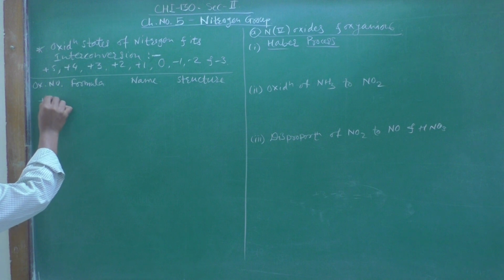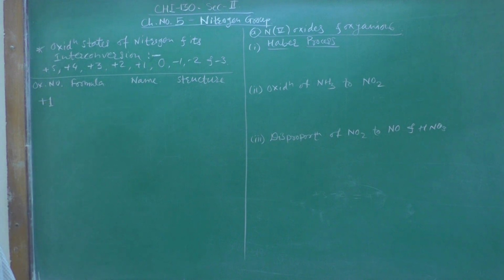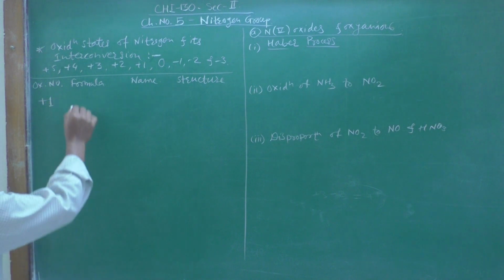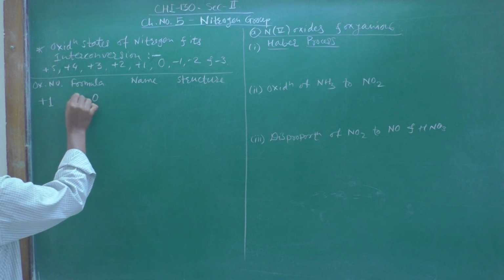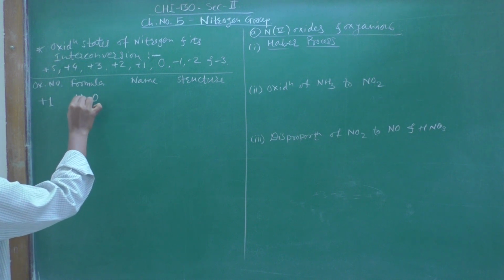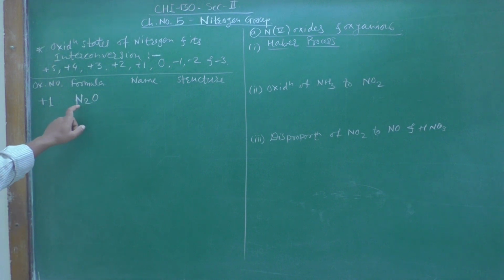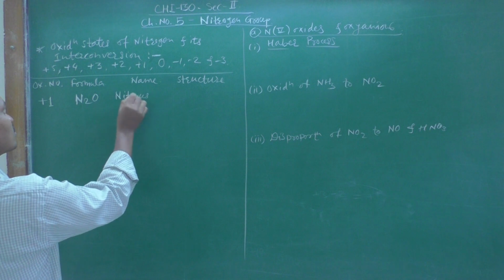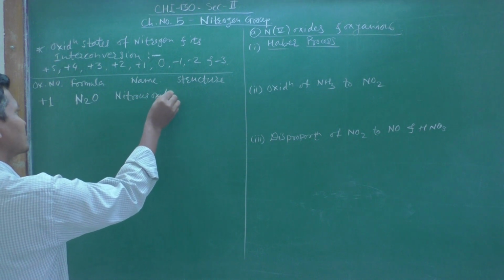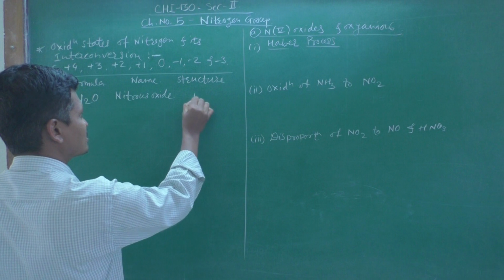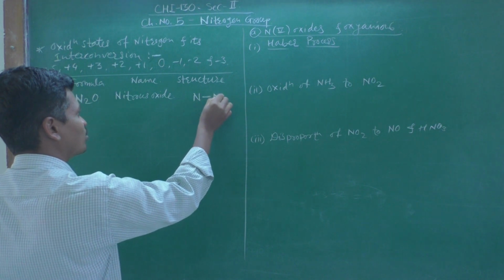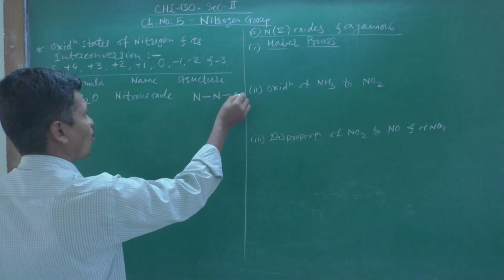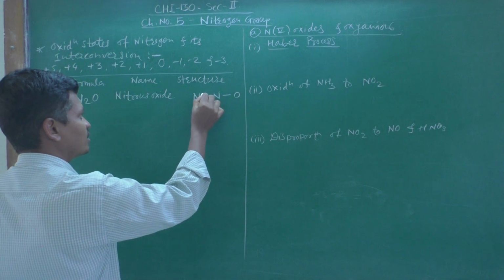So, the oxidation state is +1. The formula is N2O. Here the oxidation state of nitrogen is +1. The name is nitrous oxide, and the structure is shown here.